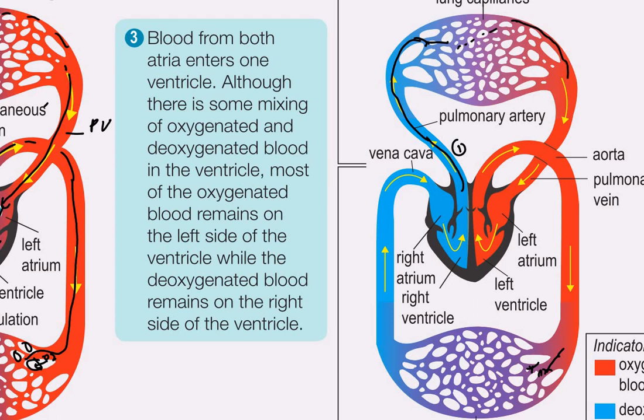From here the blood will flow back to the heart, to the left atrium, through the pulmonary vein, number 2. Then it will flow to the left ventricle. From the left ventricle, the blood will be pumped through the aorta to all parts of the body, the systemic circulation.